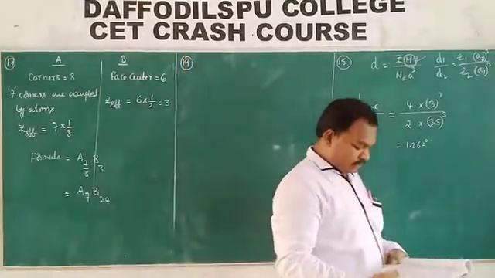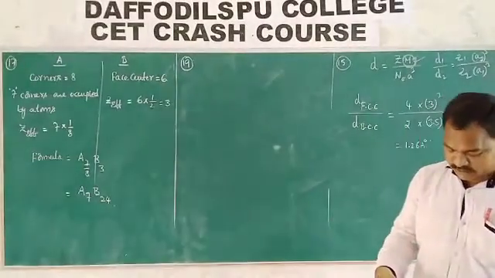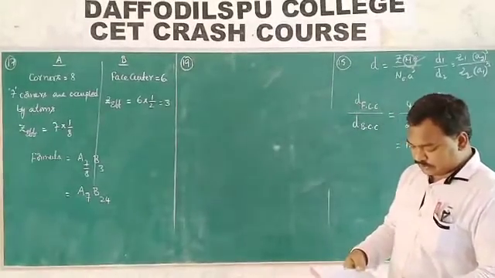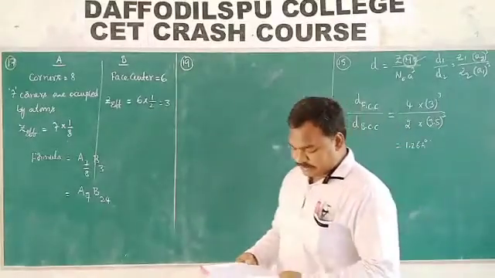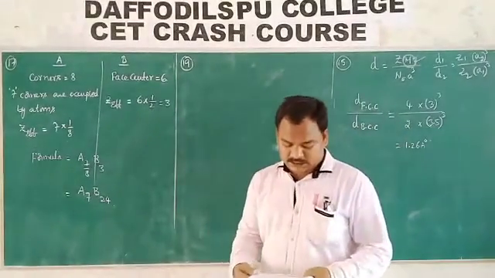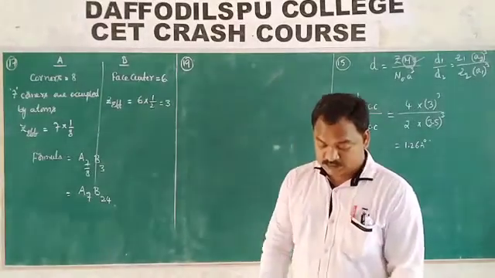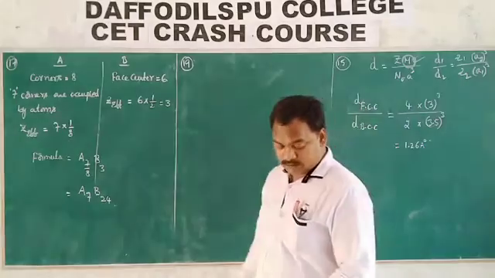Question number 19. The edge length of M+X- in FCC structure is 7.2 angstroms. Assuming M+ and X- contact along the cell edges, the radius of X- ion is... They are asking the radius of X- ion.